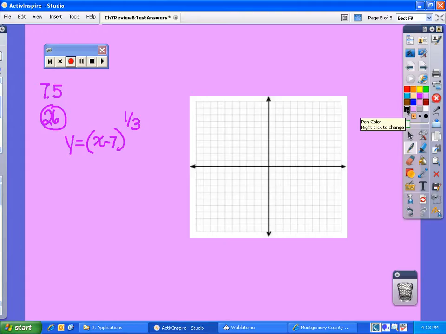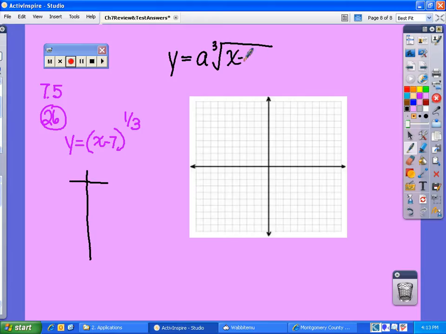And as such, we're going to compare it against y equals a cube root of x minus h plus k. In this way, we can compare it to this form and find a, h, and k and allow those to help us with our graphing.